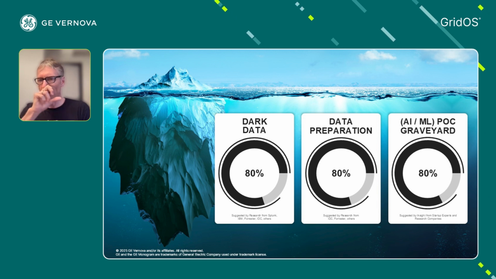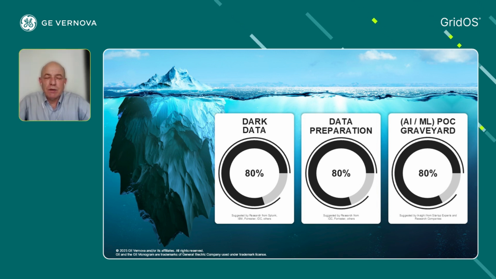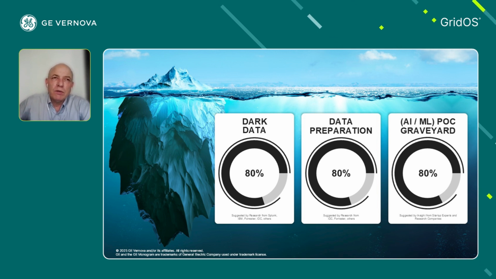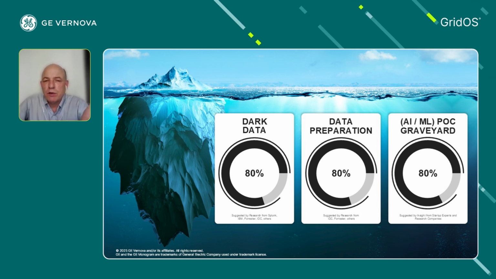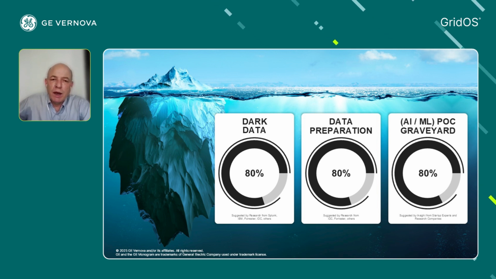You agree? Oh, absolutely. And the use cases for taking data from different applications, say from an OMS and an AMI system, and then putting them together to understand more about your network models or something like that.